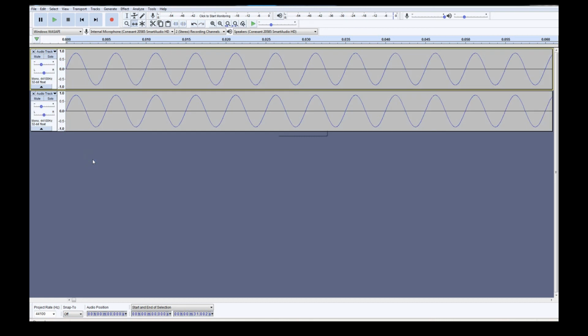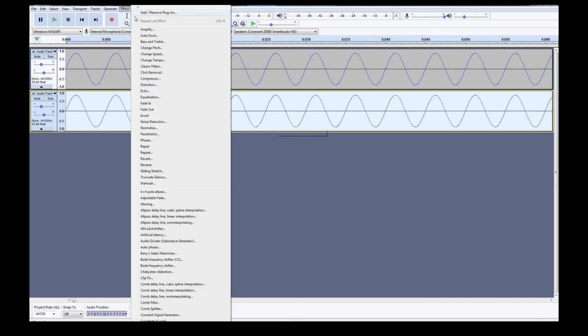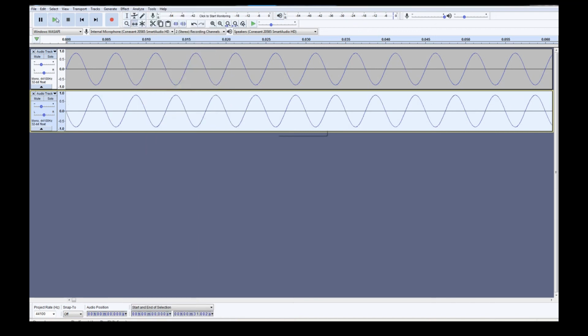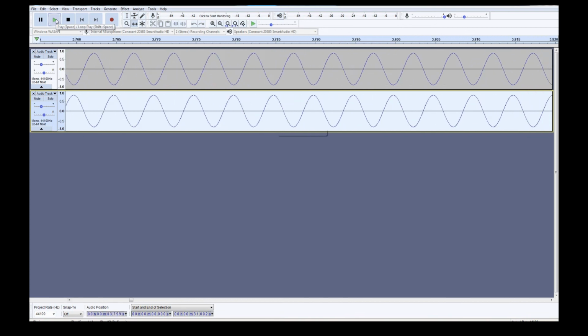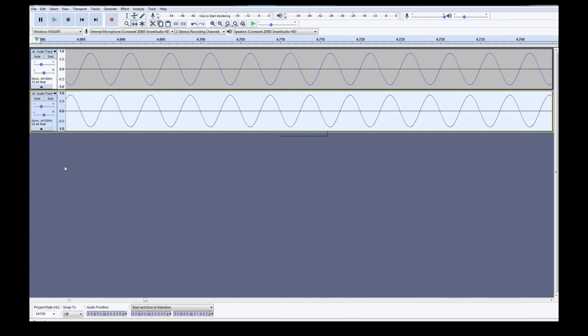Now select just the second track. See? Now go Effects, Invert. Gone completely. You succeeded in creating total destructive interference by using that invert tool in here.